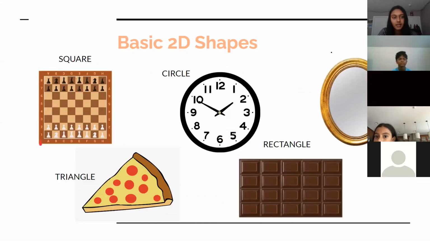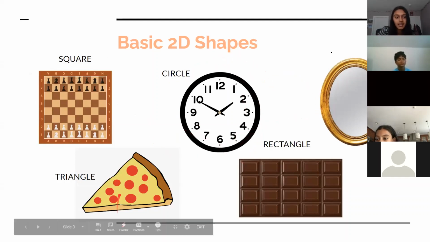So a square has all equal sides, right? So all the sides are equal, all the angles are equal, and that's what makes it square. A circle is round, an oval is round, it's like a circle, but it's a bit longer on one side, right? And we have our triangle with 3 sides right here.